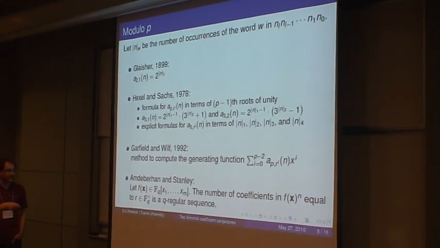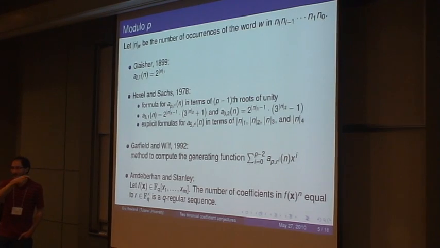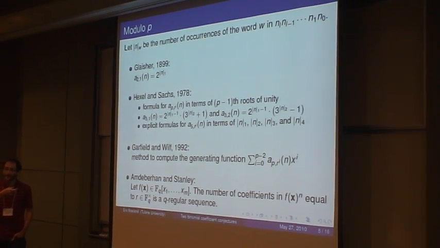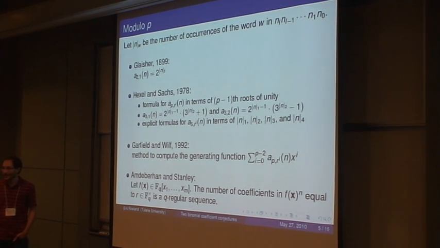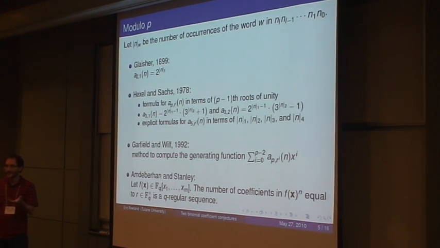Of course, this generalizes the binomial coefficients mod p case, because if we let f of x be x plus y, then raising x plus y to the n, we get binomial coefficients.